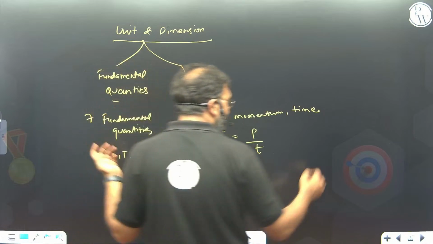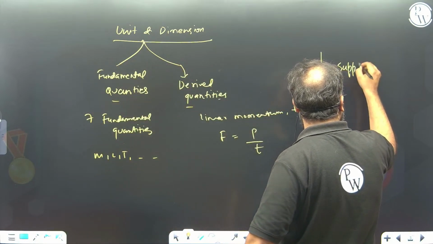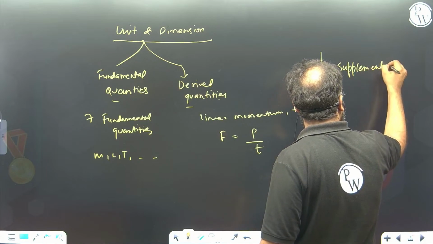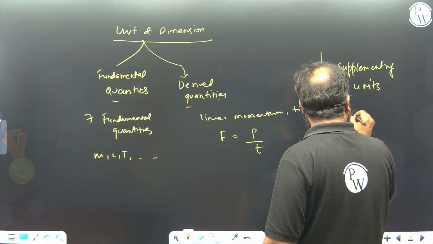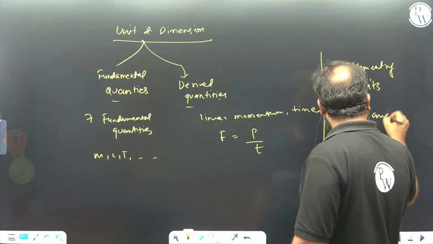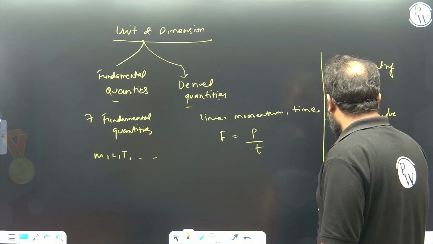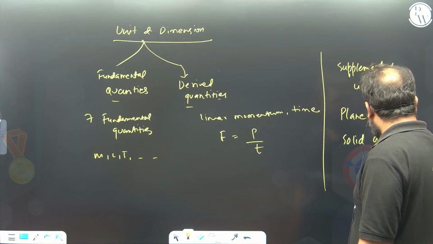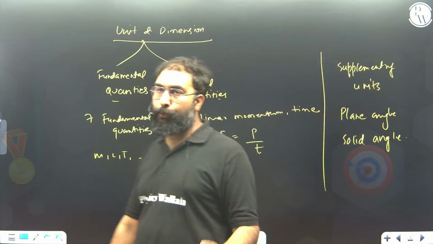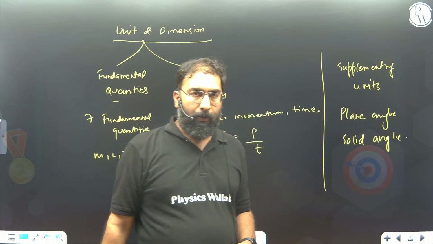Apart from that, we have two supplementary units also. For plane angle, we measure angle in radians. And then we have one more quantity, that is solid angle. Solid angle is a very useful concept, especially when we are calculating flux.